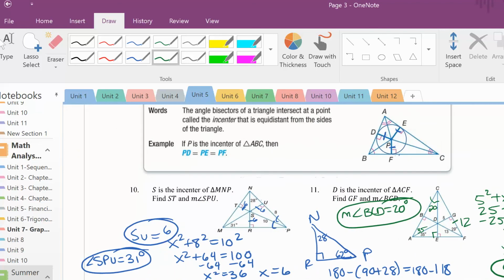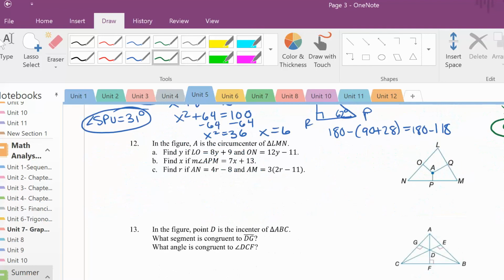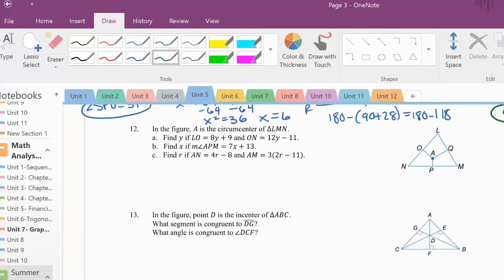All right, so let's look at number 12. A is the circumcenter of triangle LMN. So that means these are perpendicular bisectors here, which means there's right angles and it bisects. And it also means these are equidistant.